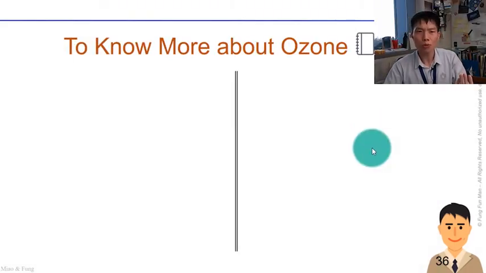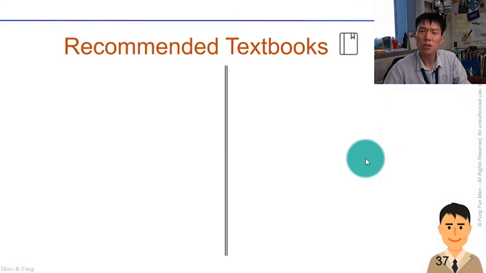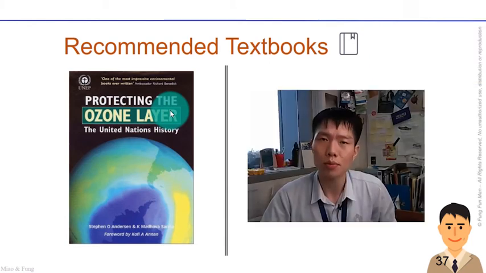Now to find out more about the ozone, we recommend these two books. Ozone Hole, Past, Present, Future. I do not know these people, but I've read it and find it highly relevant, so go on and read and do some research. The other thing I would recommend is by the United Nations Environment Programme.